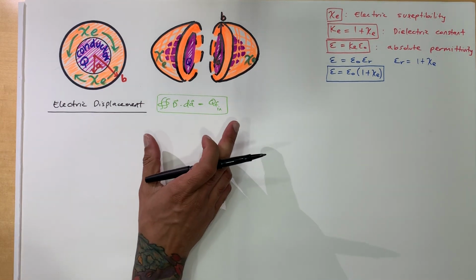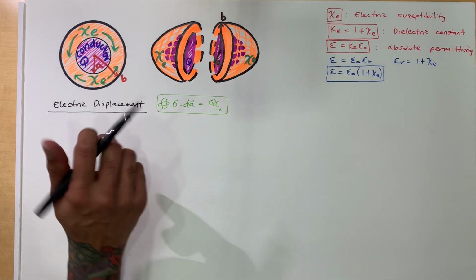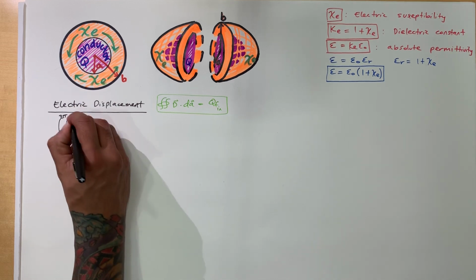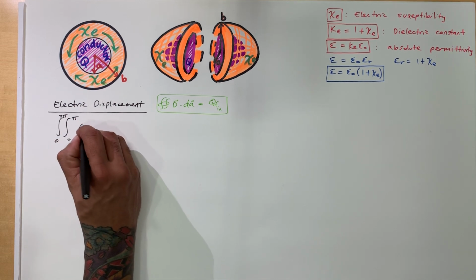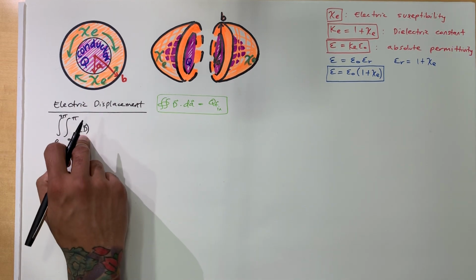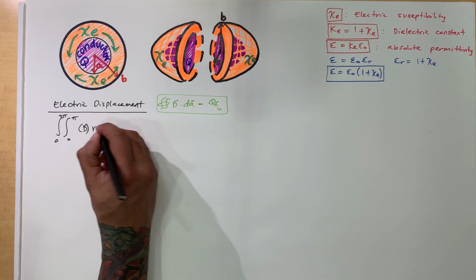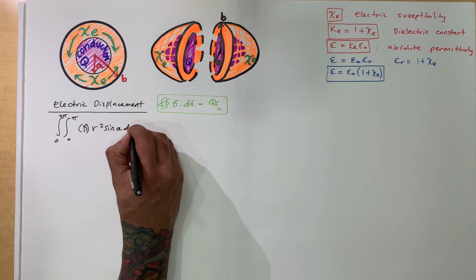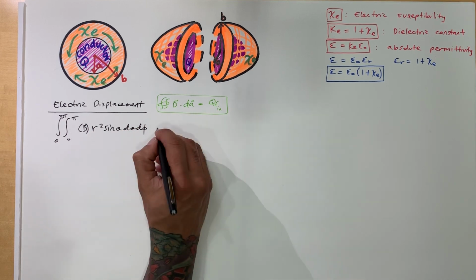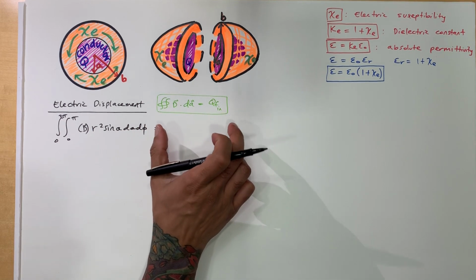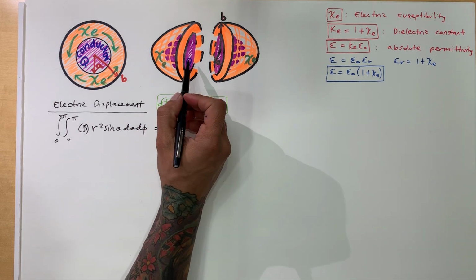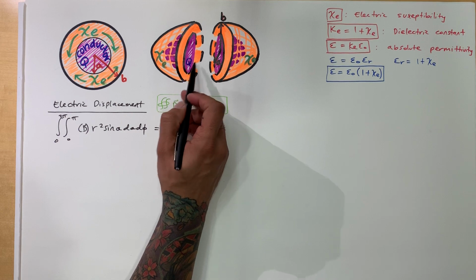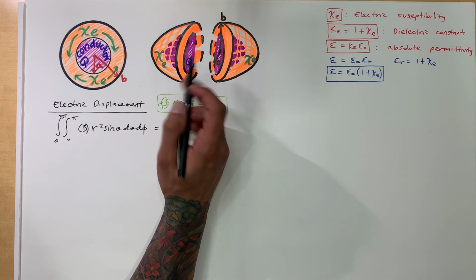For the left side we're going to have two integrals, 0 to 2 pi, 0 to pi, with D, and then the Jacobian, r squared sine theta d theta d phi. On the right side, Q free enclosed. The only thing that's enclosed in that region is going to be Q, so we're just going to leave it as Q.